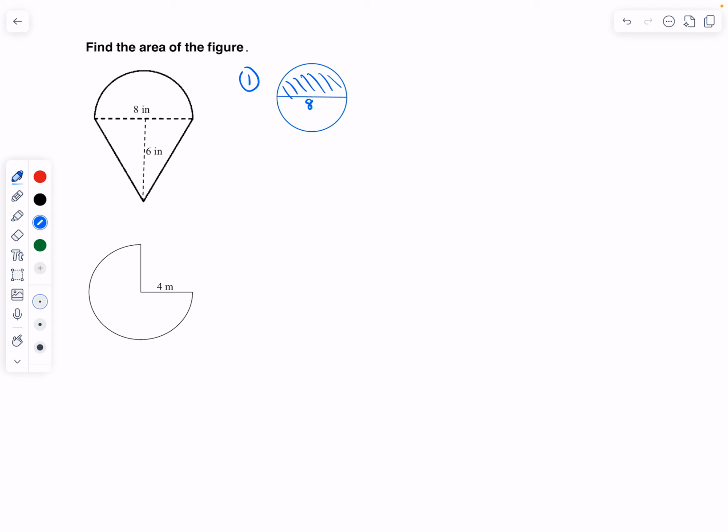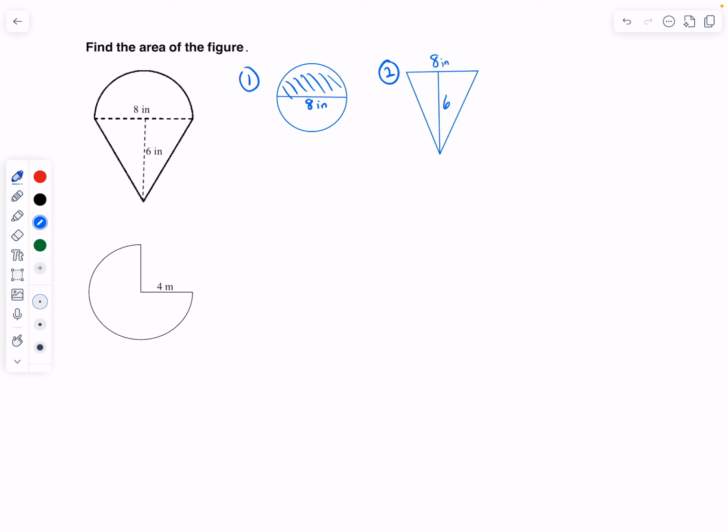And the diameter is 8 inches. And then the second piece to this is a triangle. And I know the height of this is 6 inches. And the base is 8.